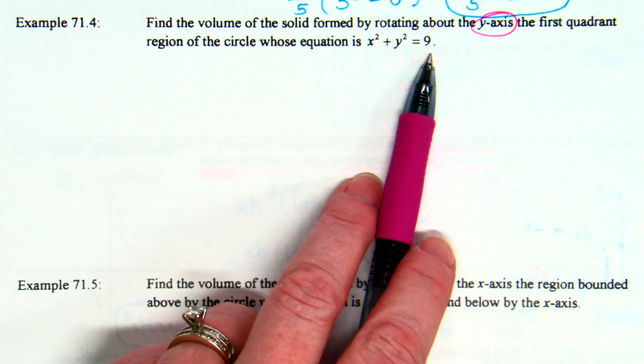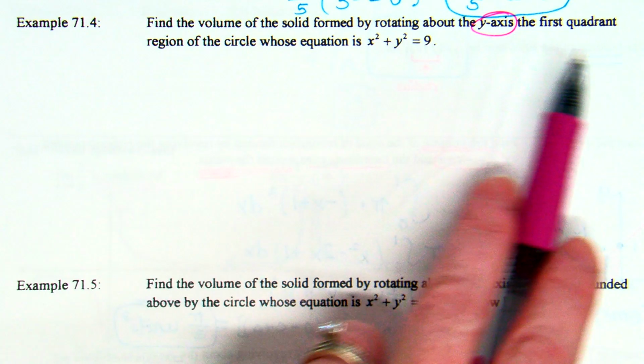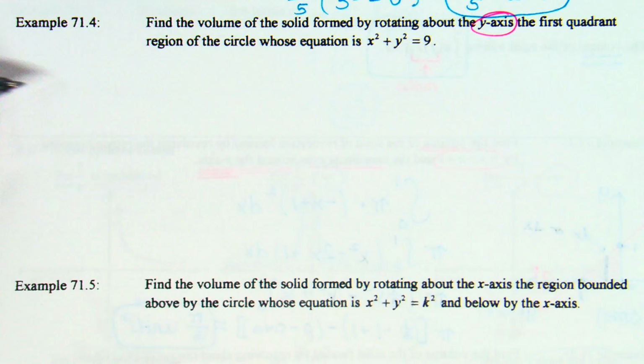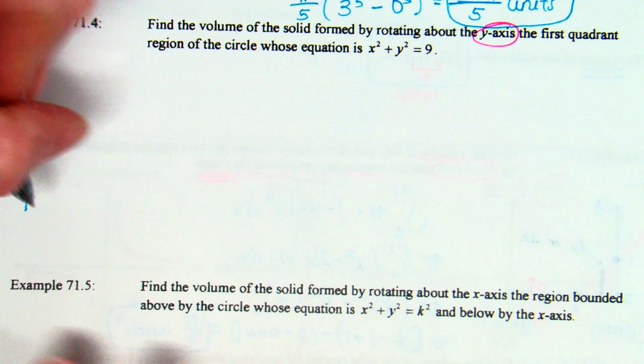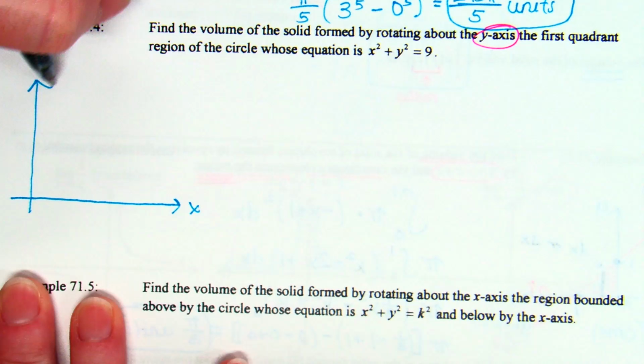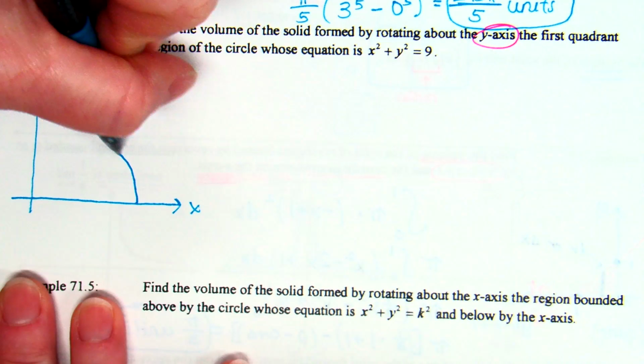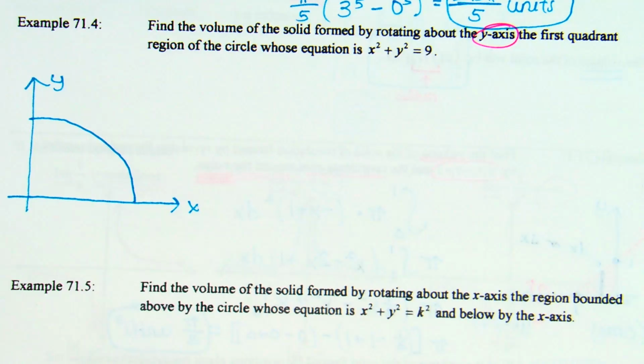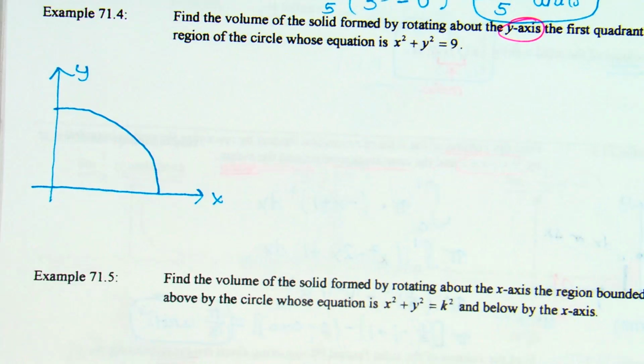They specifically said the first quadrant region. So you don't have to draw the whole circle. We're drawing what portion of a circle? Quarter of a circle? Okay, so we've got a quarter of a circle.